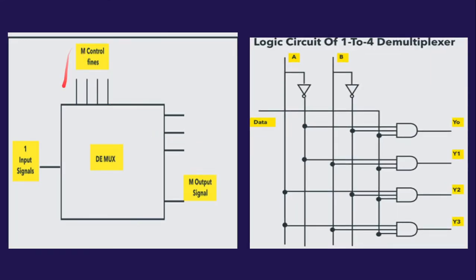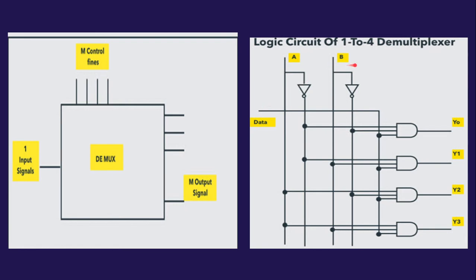The block diagram of the demultiplexer is expanded using the logical circuit. So we have one input and 4 outputs. The one input is the data input, and based upon the combination of the control signals A and B, the data is demultiplexed to the different lines 1, 2, 3 and 4.